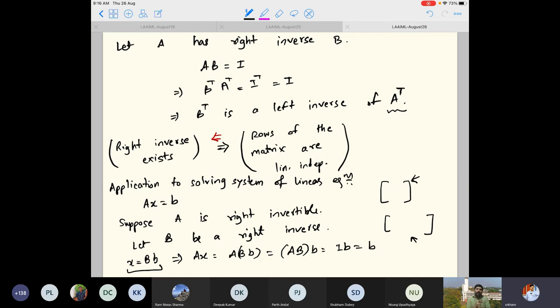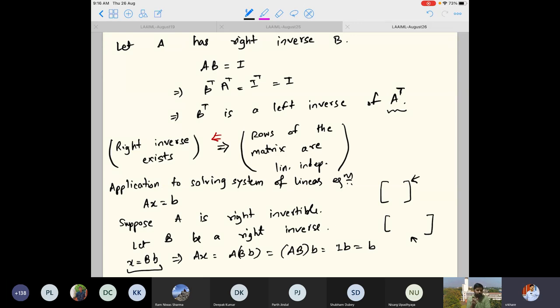And when we prove the other part of the equivalence, that rows of the matrix being linearly independent implies a right inverse exists, then we'll show that if the matrix is full row rank, then the solution will always exist. So these results you may have already seen, but you may not have seen them in terms of left inverse and right inverse. This is really very important.